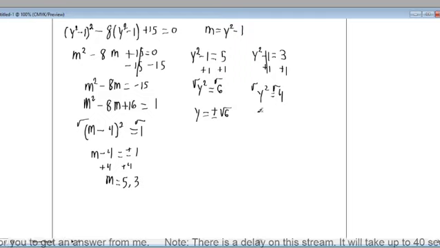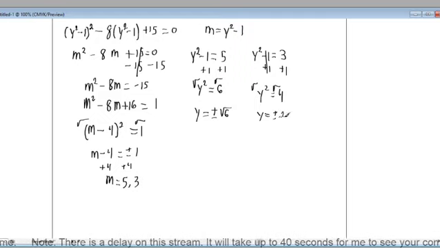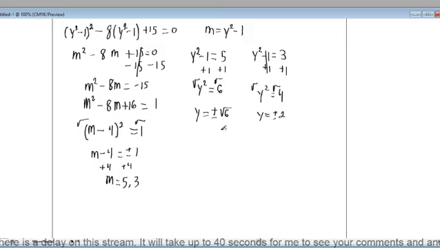That gives us that y is equal to plus or minus 2. And so we have 4 answers. Again, this started as a degree 4, so we should get 4 answers. That being y could be equal to positive square root of 6, or negative square root of 6, or positive 2, or negative 2.